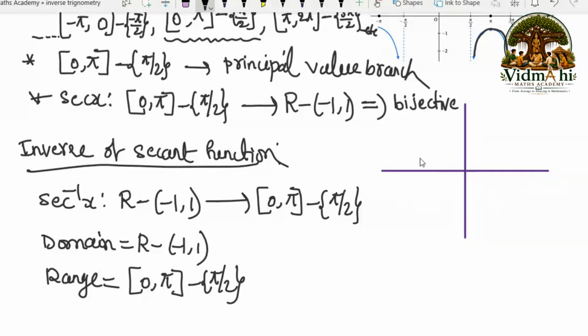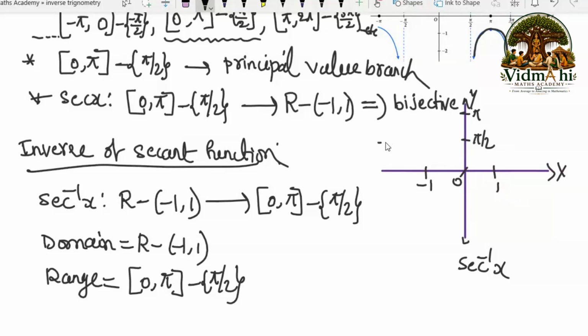Now if you observe the inverse function graph, the secant inverse graph, observe here. So this is 0, 1, minus 1, this is 90, and this is 180, y axis, this is x axis.